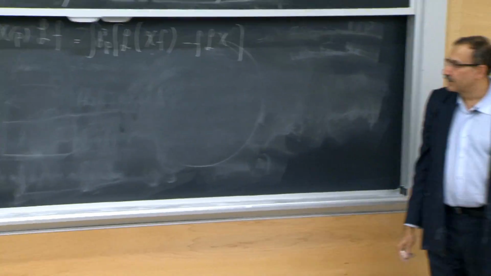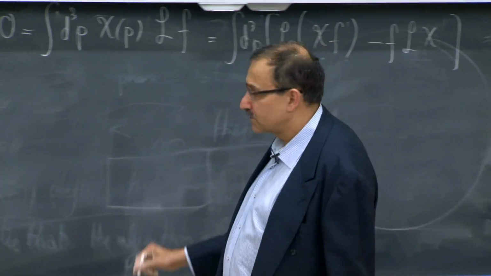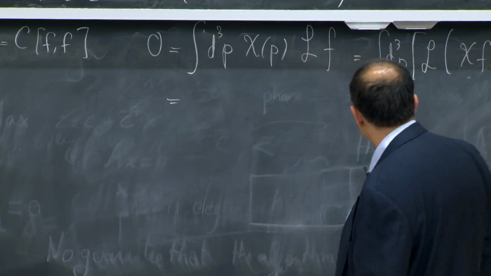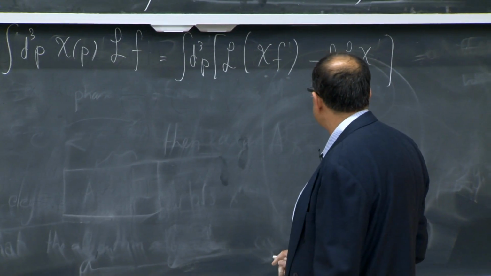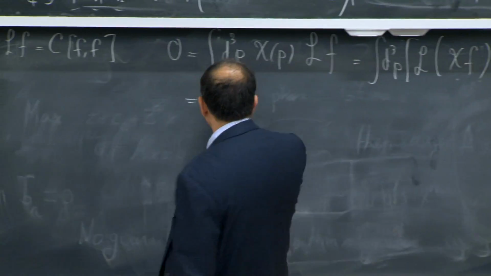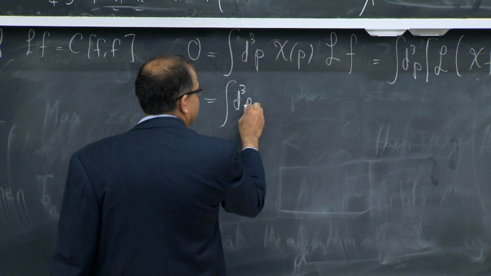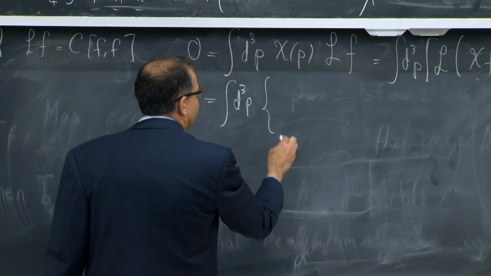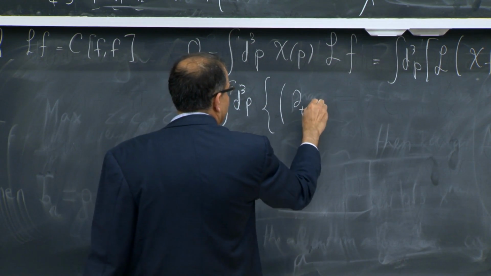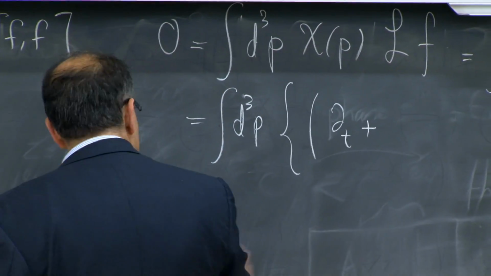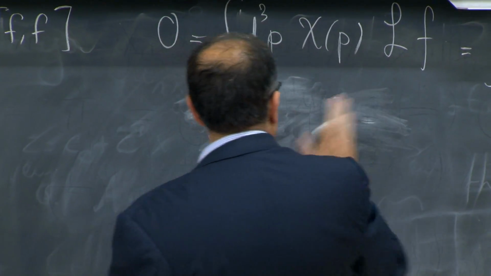Okay? And proceeding a little bit, one more line maybe. d cubed p, I have dt plus, well, actually, let me do the rest next time around.